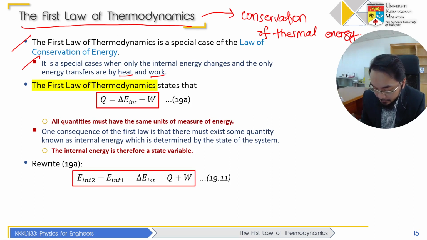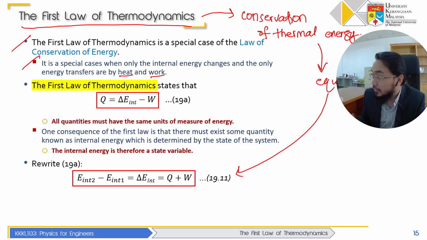So this is the equation that governs the first law of thermodynamics. So when you see the first law of thermodynamics, the first thing that must come to your mind is the equation relating heat transfer, change of internal energy, and work done.